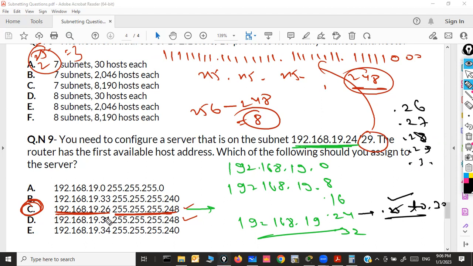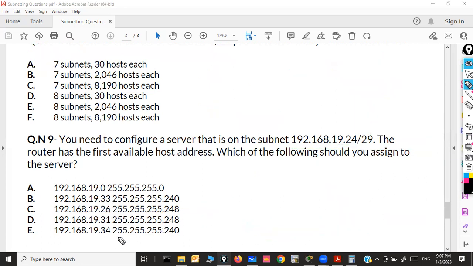So the only option here is this one, 26, and the next IP I can see here is 31. So this is not valid because 31 is the broadcast address. And the other options are already ruled out because the mask is not 248. So first we narrowed down to these two options because the other three options are cancelled. But since this IP address 31 is the broadcast address, the last address is not valid. So the answer is yes, correct. The answer is C. C is the correct answer.